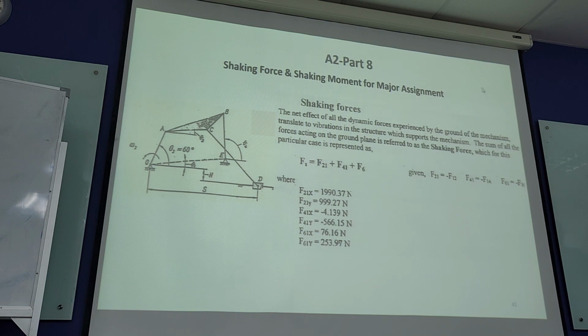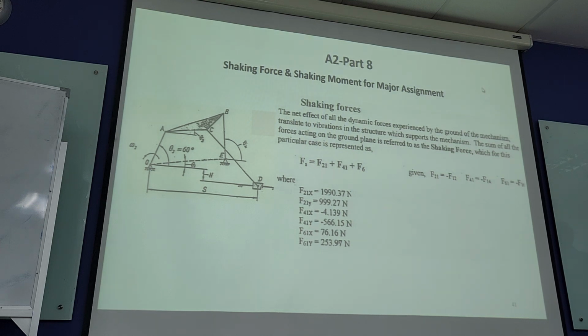For the last part, you need to do the calculations for the shaking force. All the required equations are given to you. So this is where you are calculating the shaking force due to all the ground forces, the sum of the ground forces. So you need to calculate 2-1x, 2-1y, 4-1x, 4-1y.